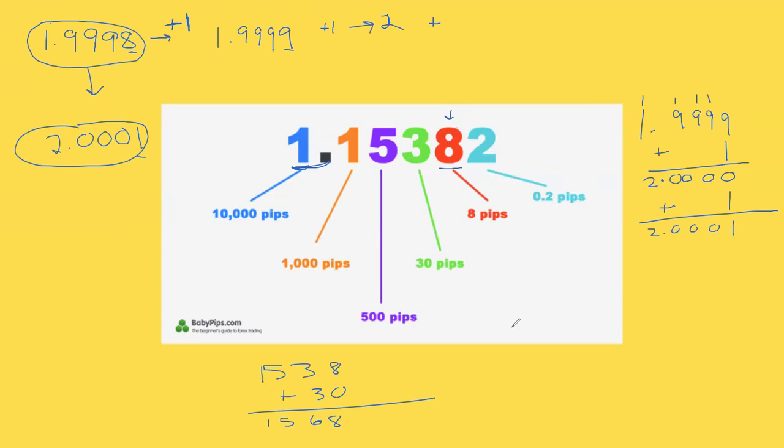Once you get to 99 here, once this is 1.1599, if we go up one more pip, what's that next number, y'all? What's the next number after this if we go up 1 pip?